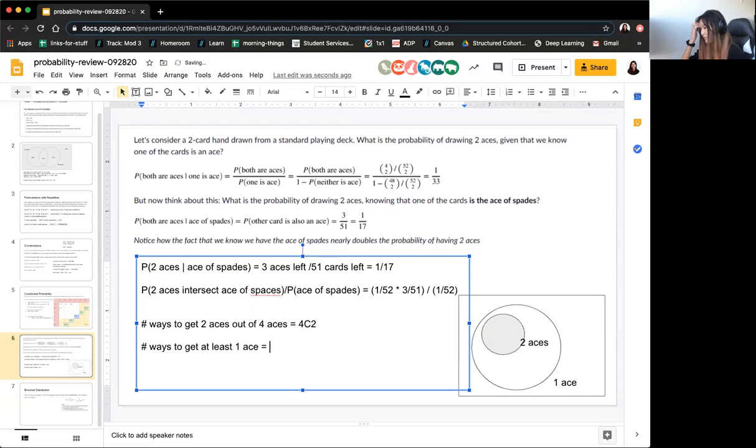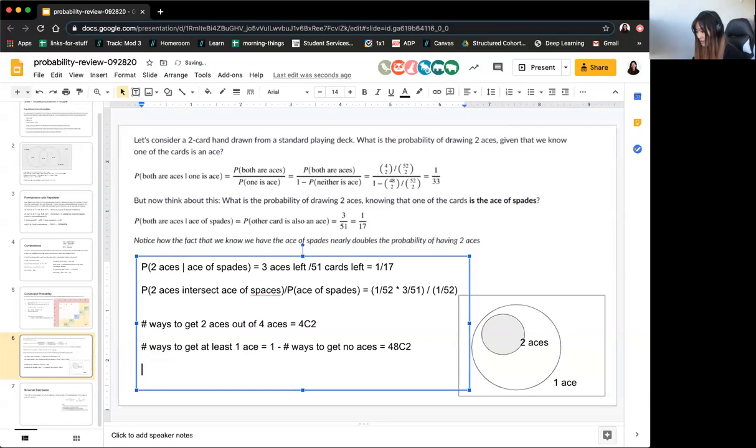Which, as the solution here has it, they do as 1 minus the number of ways to get no aces. And that's given by the number of ways to choose non-aces, which is 48. Here you're choosing 2, so it's 48 choose 2.